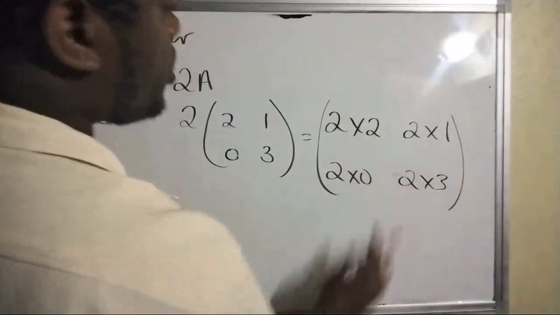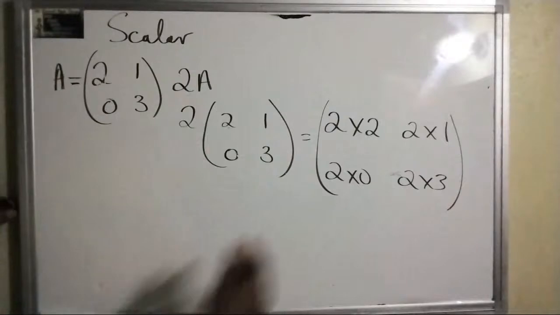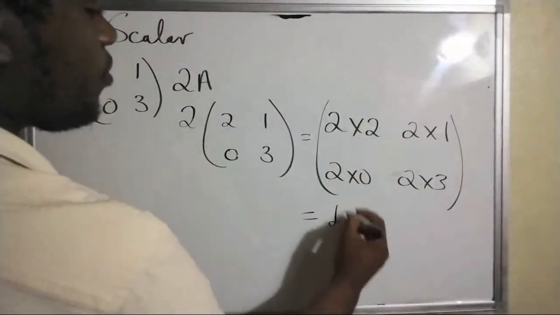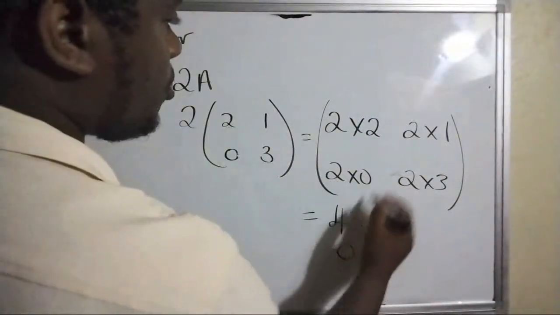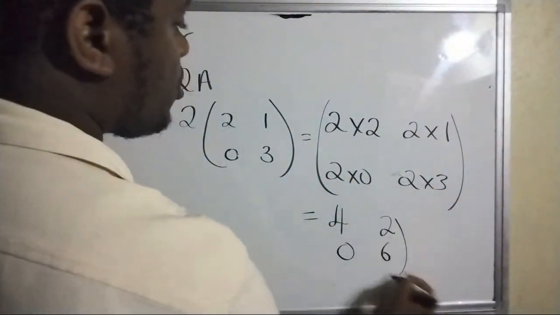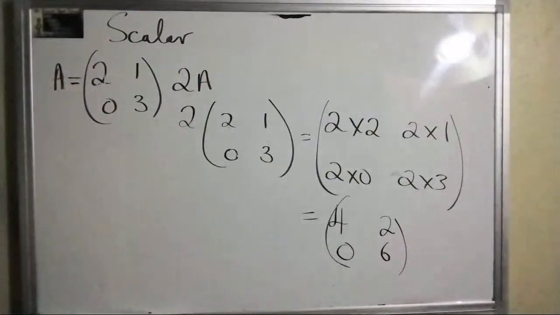Easy, 2 times all of them, you can't miss. Now 2 2s are 4, 2 1s are 2, 2 0s are 0, and 2 3s are 6. Some of you probably get that already, right? So 2 times all of them.